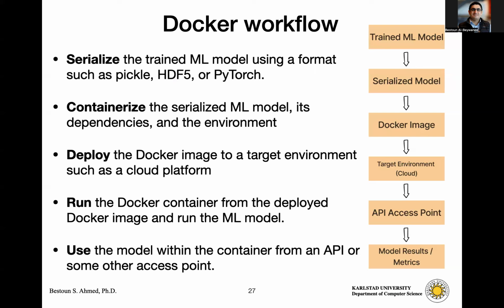Then you run the Docker. When you run it, you have the entry point. You call this entry point through an API, and that's the use of the model. So now you have the machine learning model, the AI model, that can be used in cloud, in edge, in any containerized environment.